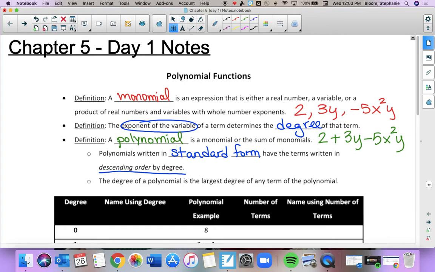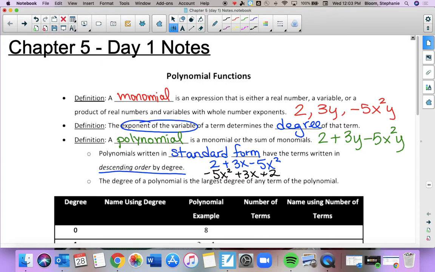Okay, so for example, if I gave you 2 plus 3x minus 5x squared, if I were going to put that in standard form, I would put my x squared first. So I'd have negative 5x squared, my 3x would come next, and my constant would come last.